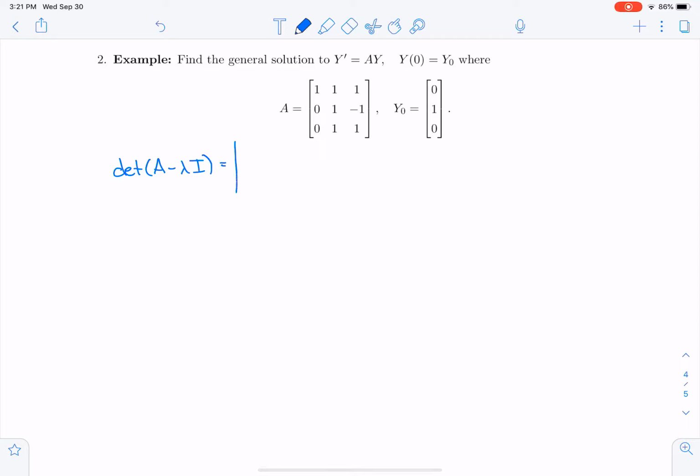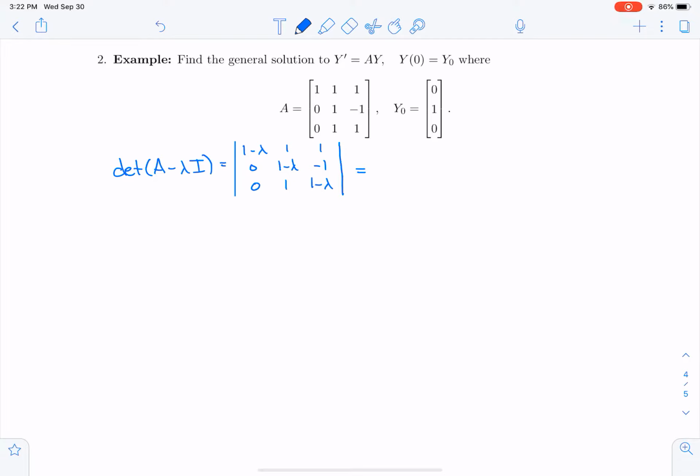So that's the determinant of the matrix, 1 minus lambda, 1, 1, 0, 1 minus lambda, negative 1, and then 0, 1, and 1 minus lambda.